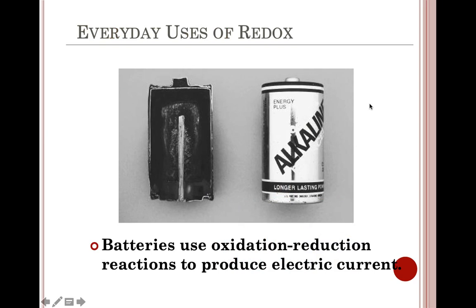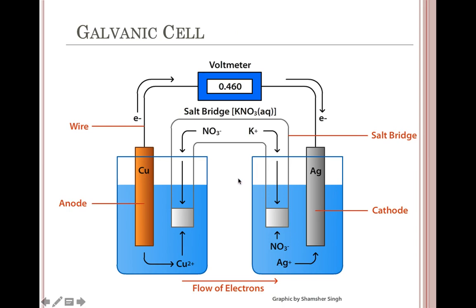Where you see redox in everyday life, you find it in a battery. So when we put them all together, here we have another galvanic cell, or another battery, where we have copper and silver. In this case, copper is the anode and silver is the cathode. The silver is gaining electrons, so reduction is happening here at the cathode on the right. Over here on the left, we have a loss of electrons from the copper.